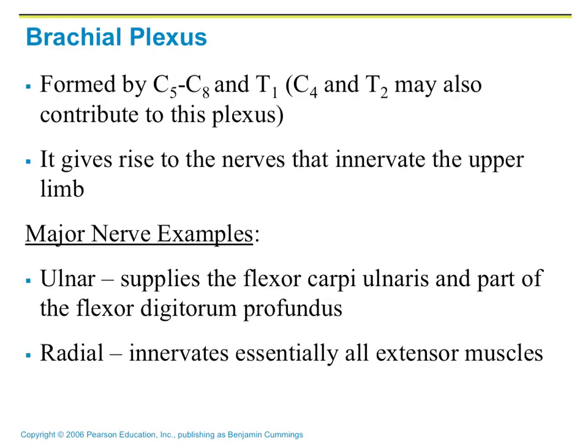So the next, let's talk about the brachial plexus. The brachial plexus is formed with the nerves from cervical spinal nerve 5 to T1, to thoracic nerve 1.